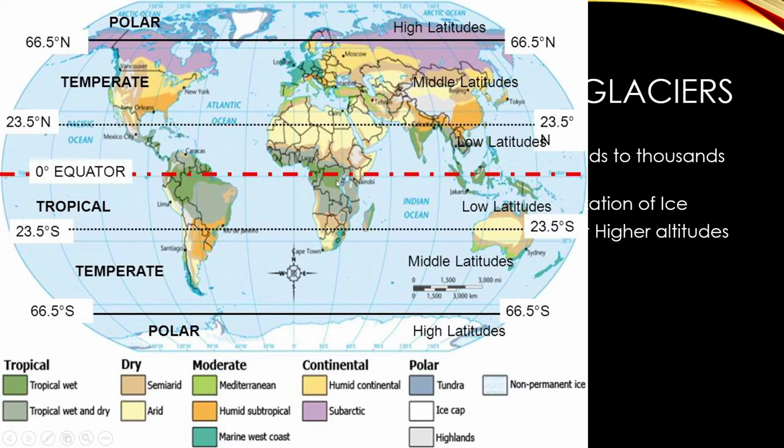So the highest mountains in Africa and in Asia, and they are hard to see because they are quite small. So we have here South Africa in the tropical temperate area. These are very high altitudes over here, and also in subarctic areas of Canada and also Russia.